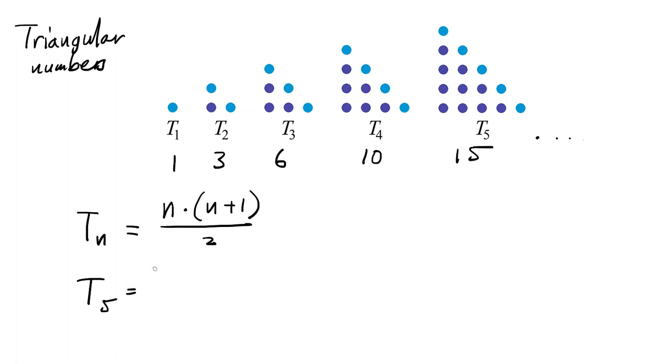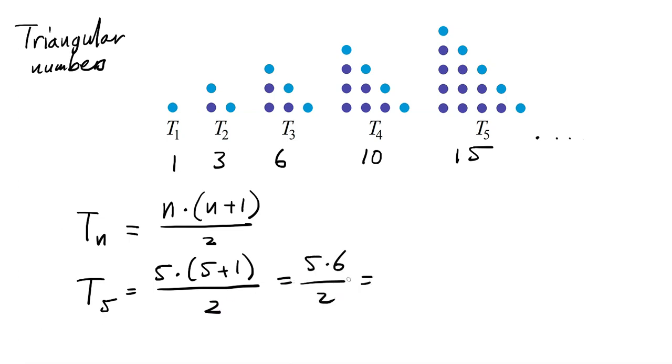Does it work with this formula? So we plug in 5 here. Then we have 5 times 6 divided by 2. 30 divided by 2 is 15. And we see that it matches this one. So this is a formula for giving the nth triangular number.